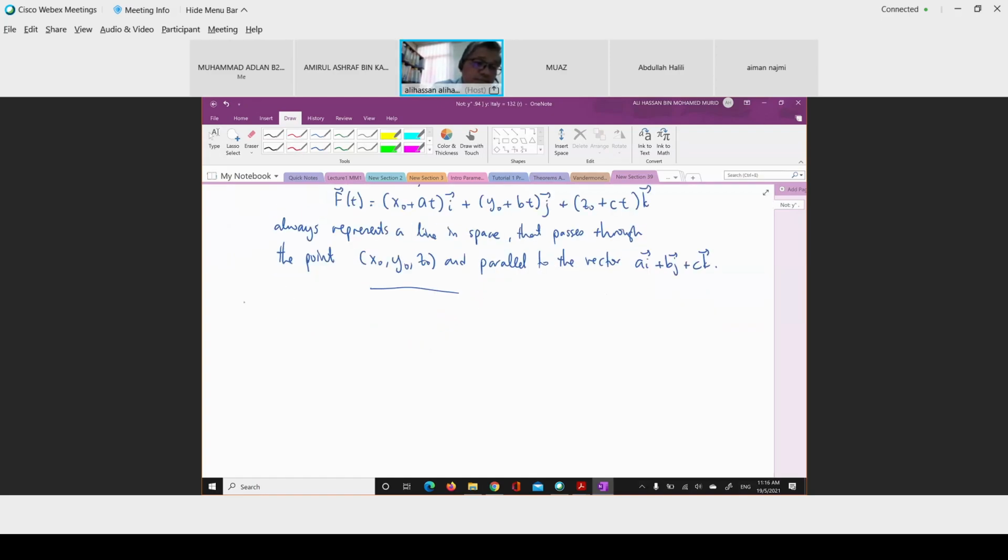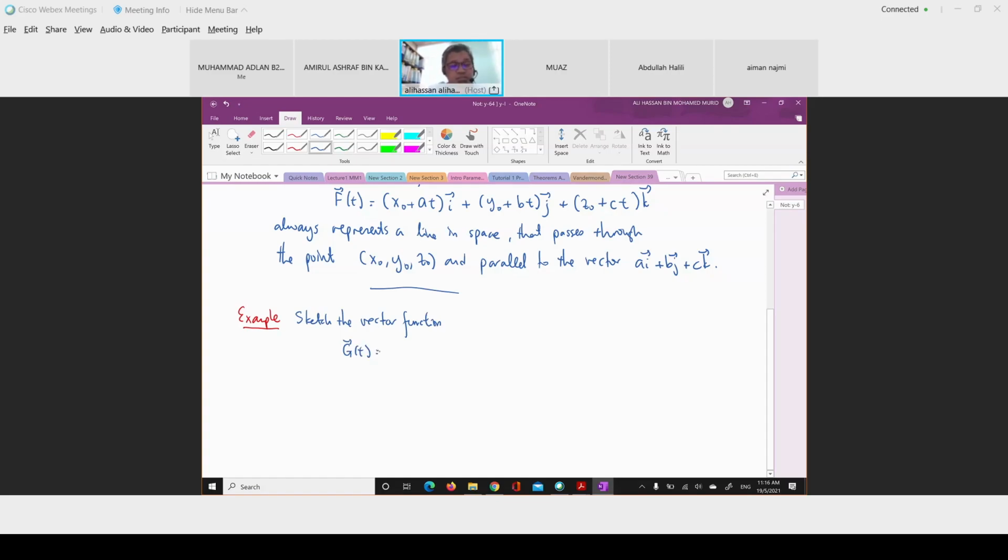As an example, suppose you want to sketch the vector function, let's call it g of t.